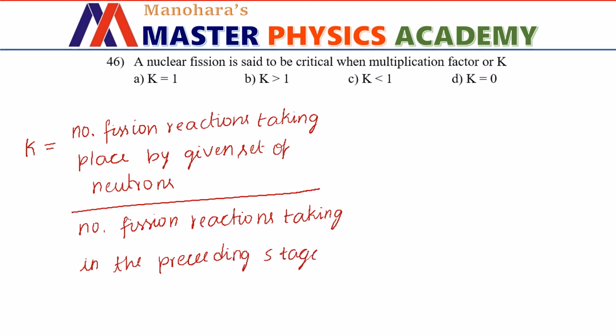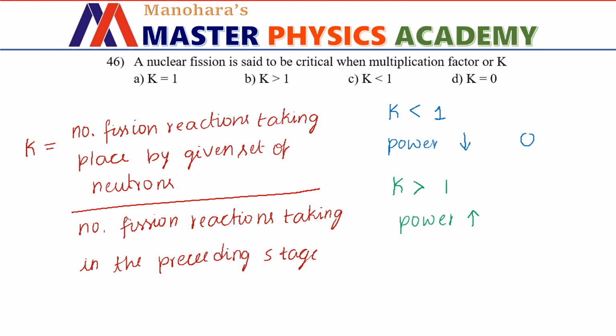Now, if k value is less than 1, what does that indicate? If k is less than 1, the power generated by the reactor goes on decreasing and eventually at some point becomes 0. And if k value is greater than 1, the power generated by the nuclear reactor goes on increasing and at some point it becomes an uncontrollable chain reaction, which is very dangerous.